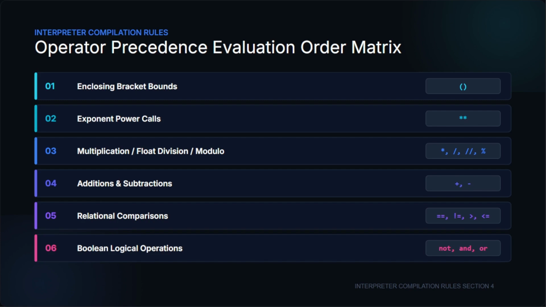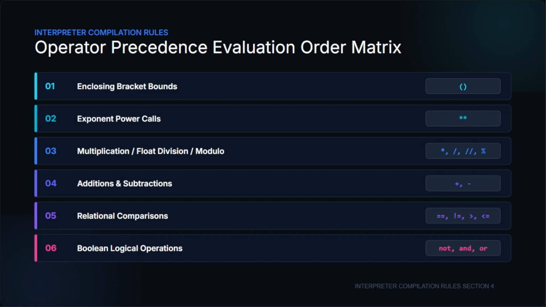In Python, first the enclosing brackets work, that means in an equation the brackets first, then the exponential power, then multiplication, division, floor division, then modulus, then addition, then subtraction, then relational operators, and at last the boolean operators and, or, not.